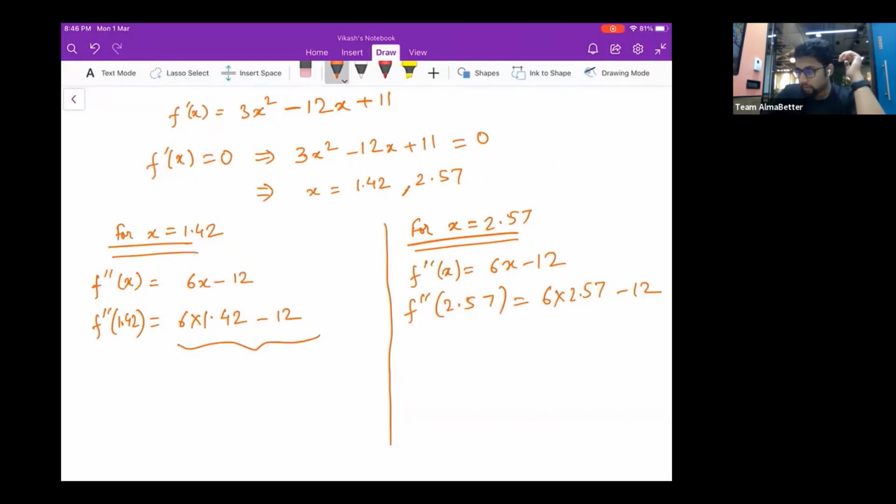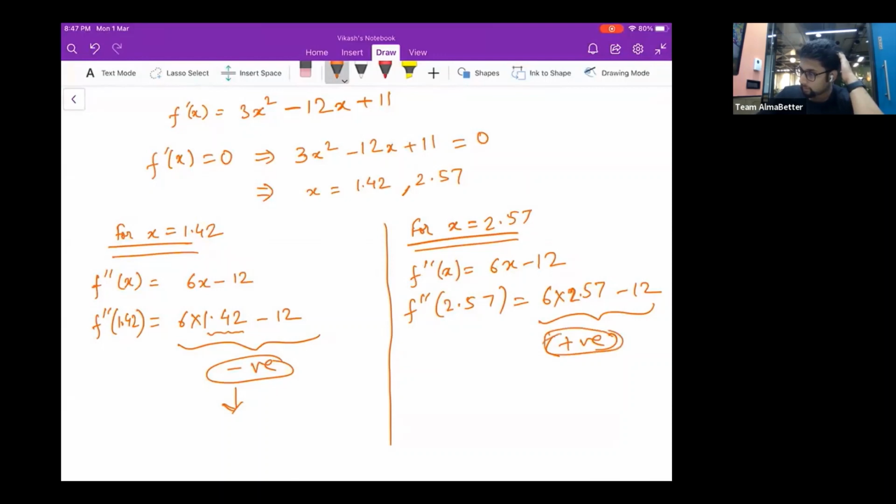So if this value was 2, it would have been 0 because it is less than 2. This has to be negative. Similarly, if this was 2, it would have been 0. But since this is 2.57, this has to be positive. Okay. So then if this is positive, can you tell me whether this is local maxima or local minima?